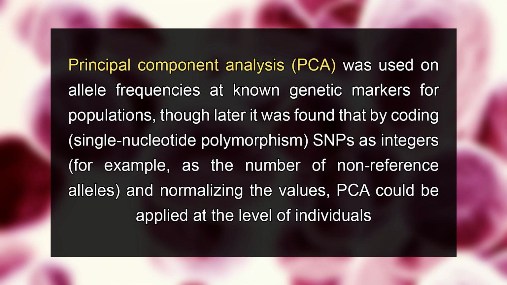Initially, PCA was used on allele frequencies at known genetic markers for populations, though later it was found that by coding single nucleotide polymorphisms, or SNPs, as integers, for example as the number of non-reference alleles, and normalizing the values, PCA could be applied at the level of individuals.